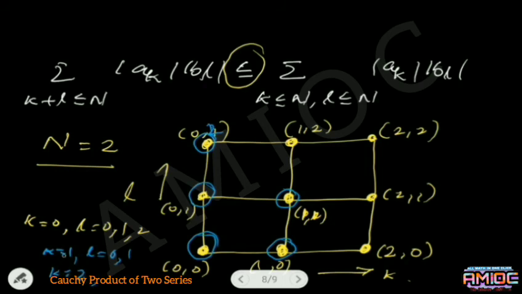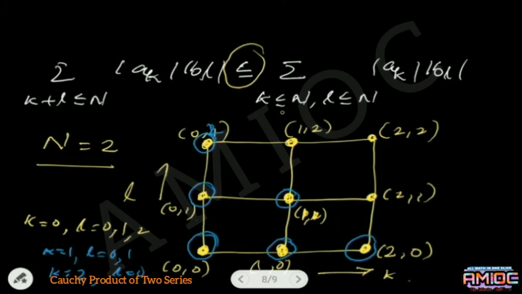If k equal to 2, then L must be equal to 0. That means k equal to 2, L equal to 0 represents this point, mod A2, mod B0. Therefore, in this sum, we are taking these terms.